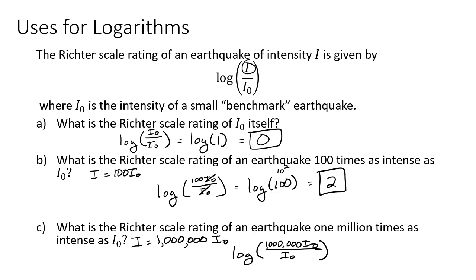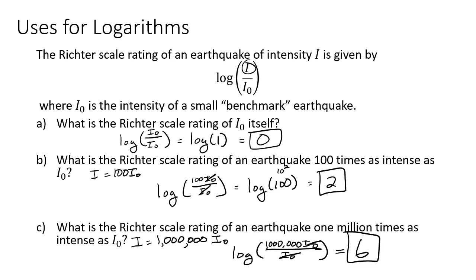So we plug that in for our intensity we're measuring. Once again, the I0s will cancel. So this is just common log of a million, which is 10 to the 6th power. So log base 10 of 10 to the 6th would be a 6 on the Richter scale.